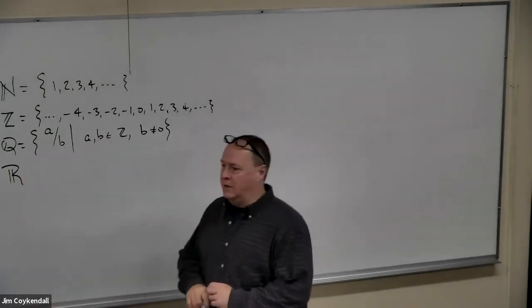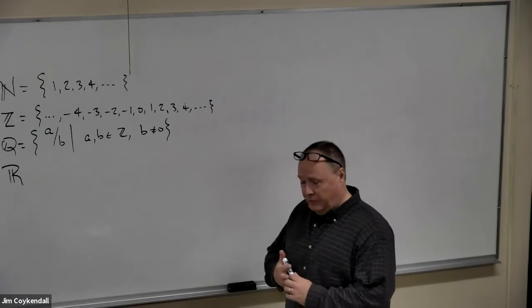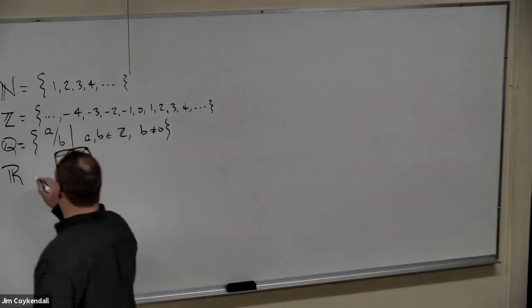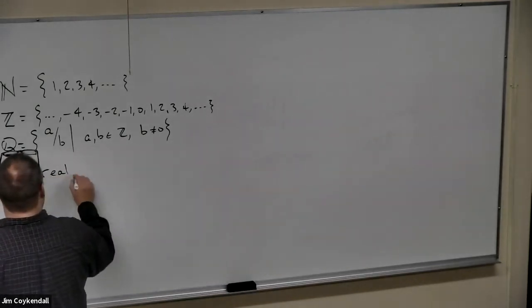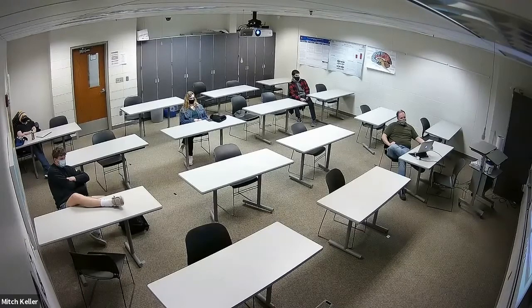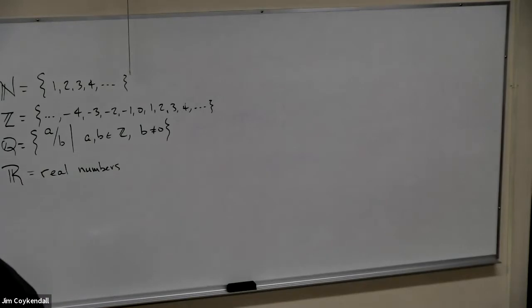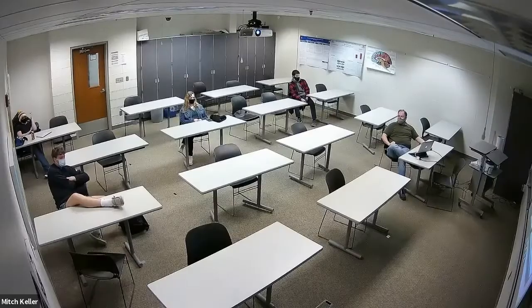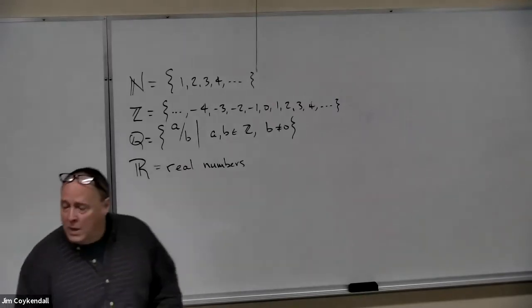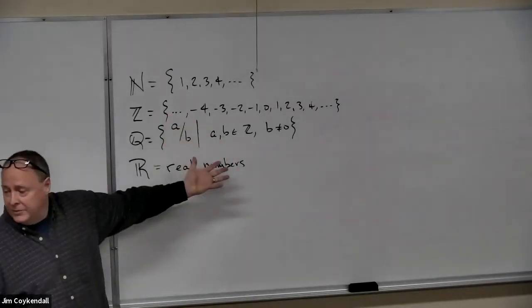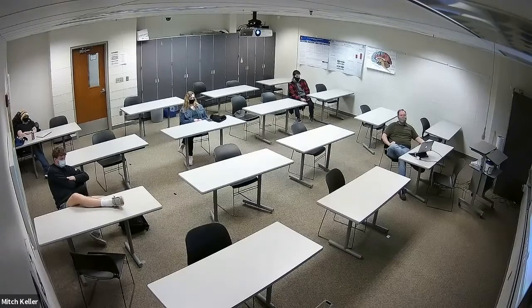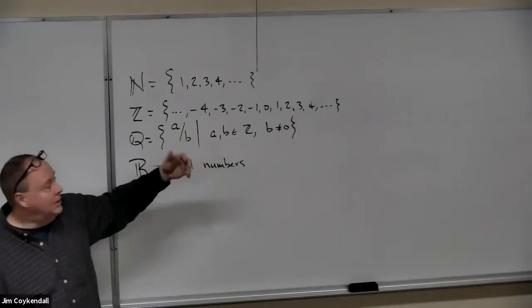You all see this in calculus, right? It's the real language used. How many of y'all have seen this notation before? Yep. This is familiar to you? Okay. Can we all agree that these are all infinite sets? Right. These all have infinitely many things in them, not finite.